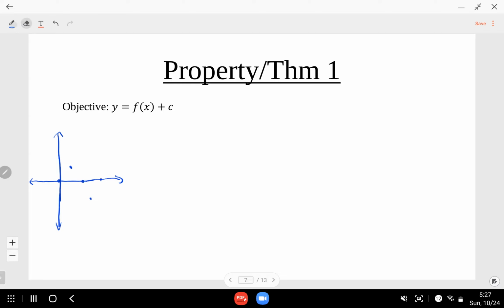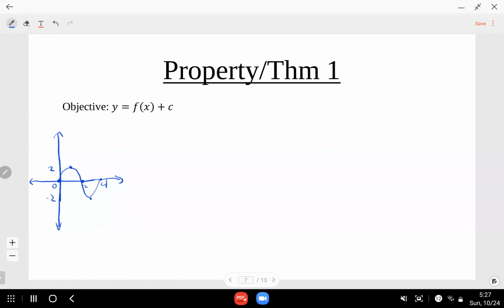Maybe I should draw the points first. Yeah, that kind of looks better. So this is 2. This is also 2. This is 4. This is 0. And this is -2. Yeah, I'm going to change this. So this is -2. Okay, that looks a bit better. So this is our graph we're going to use to do these properties.